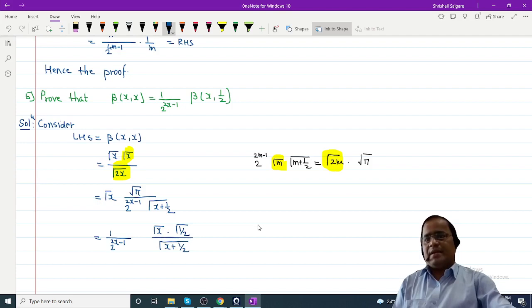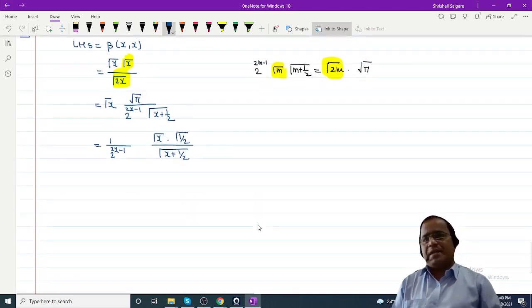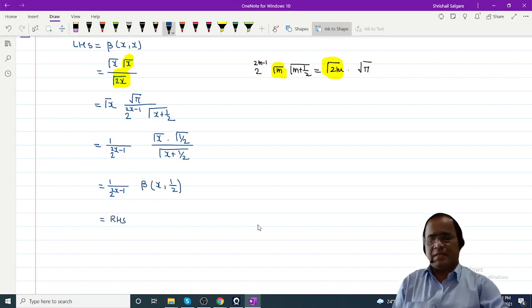And here I will use the property in reverse order. So this outside factor 1 upon 2 raised to 2x minus 1 stays, and the rest can be written as beta of x and 1/2, which is your RHS. Hence the proof. Okay, so here I will stop.